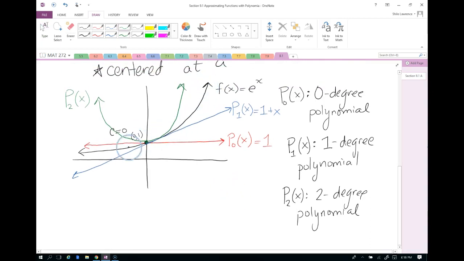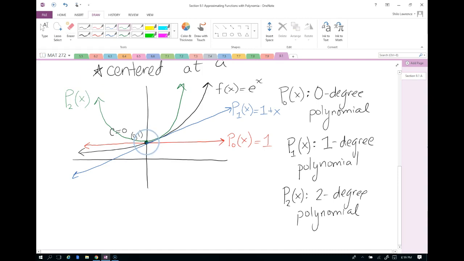There's a specific formula that we're going to use that's actually going to make figuring out these polynomials really easy. So our goal here was to just find some polynomials that match up with f of x. First we started with just a constant, so that just matches a single point, that's p sub 0. And then we did a first degree equation that's going to match the point and the slope. And then we did a second degree equation which ends up as a parabola. So now we've got some curvature in it as well, which is going to be even better because our e to the x graph has some curve in it.